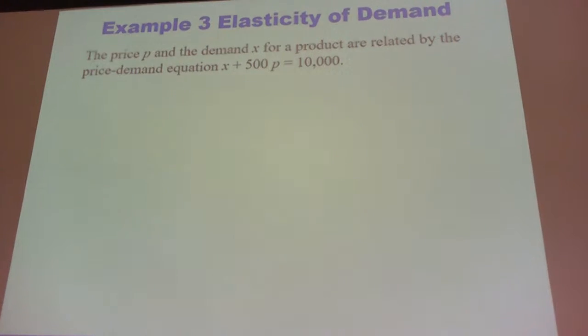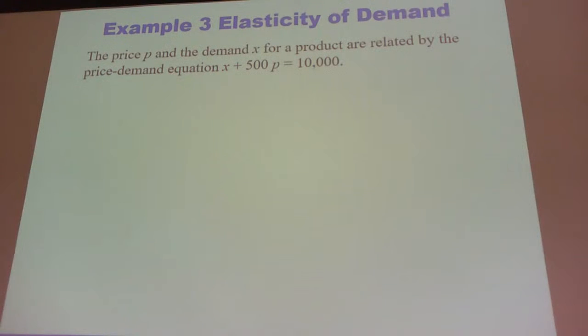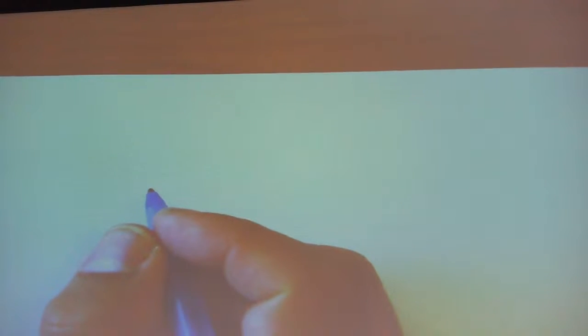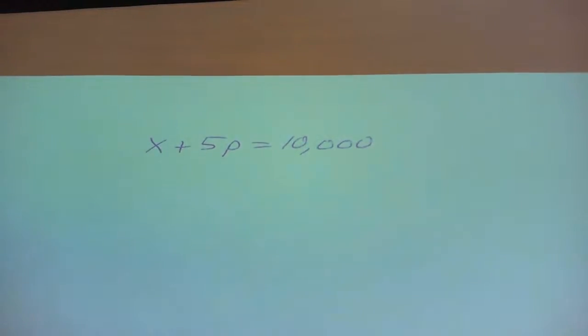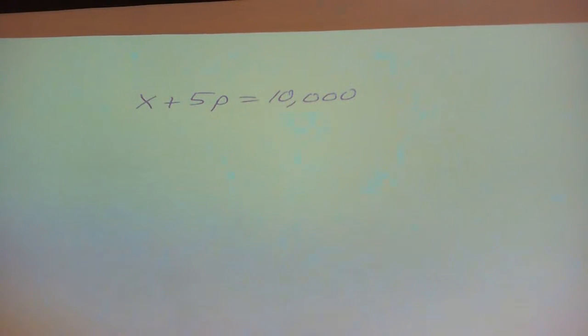So let's back up. Now we can actually work on this problem. Take out a nice sheet of paper and let's work it out. In this example, they didn't give you x equals. So our first step is to get x equals. They have x plus 5p equals 10,000. So our first step is to get x by itself.